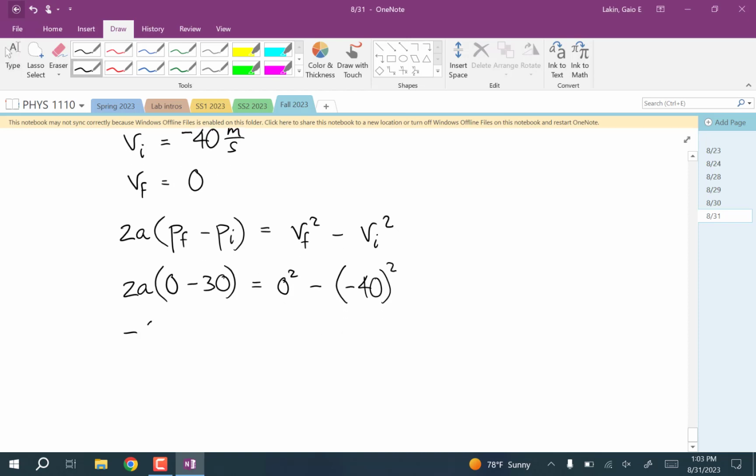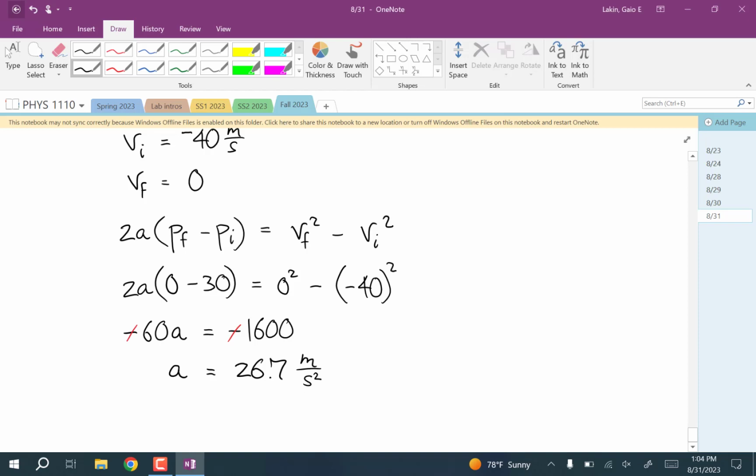So that says negative 60a is equal to negative 1600. And so A is equal to positive 26.7 meters per second squared.